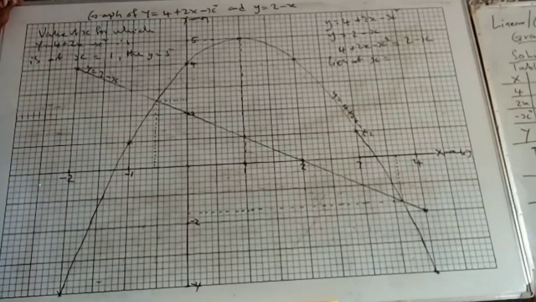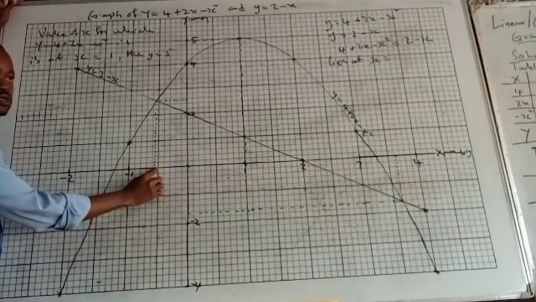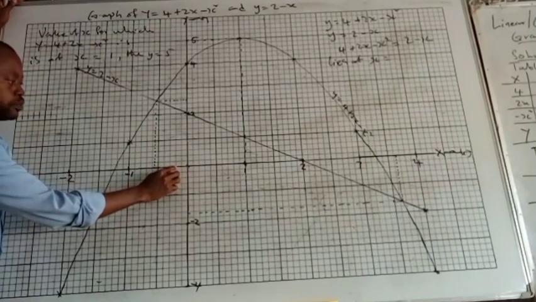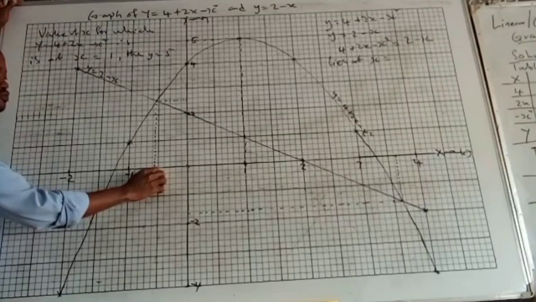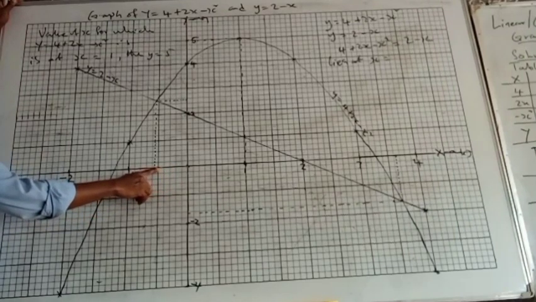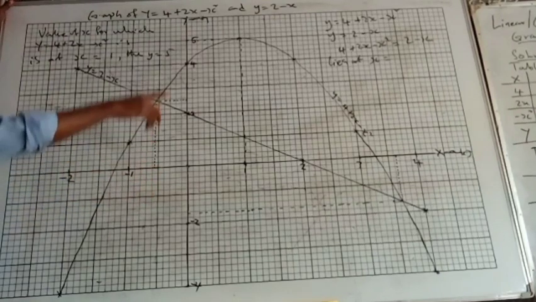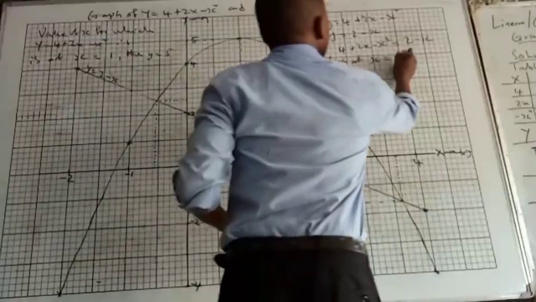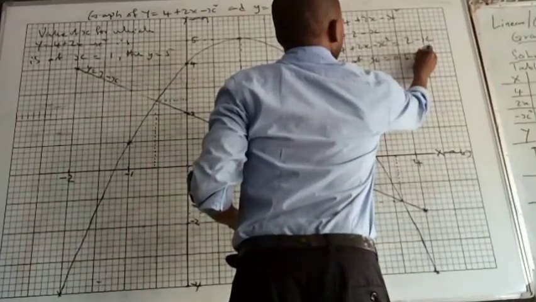What is it? 0.05. Yes. So we are at 0.5 now. 0.1, 0.2, 0.3, 0.4, 0.5. I add 0.05 to it. It should be 0.55, I think. Yes. 0.55. So this is at x equals 0.55.